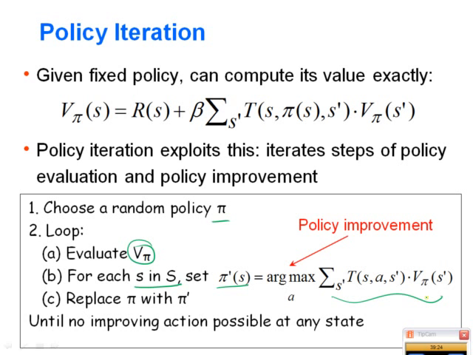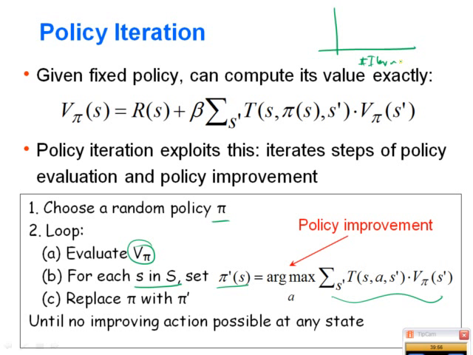One of the neat things, as I think I showed last time, is this. Suppose you are considering the number of iterations. As the number of iterations continues, how close is the current value function to the true value function? And how close is the current policy to the true policy?